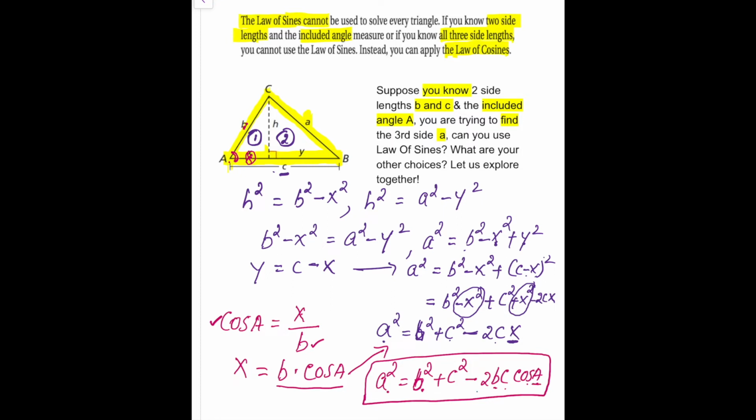So that A will match with the unknown A and the other two. So A squared equals B squared plus C squared minus 2BC times cosine A.